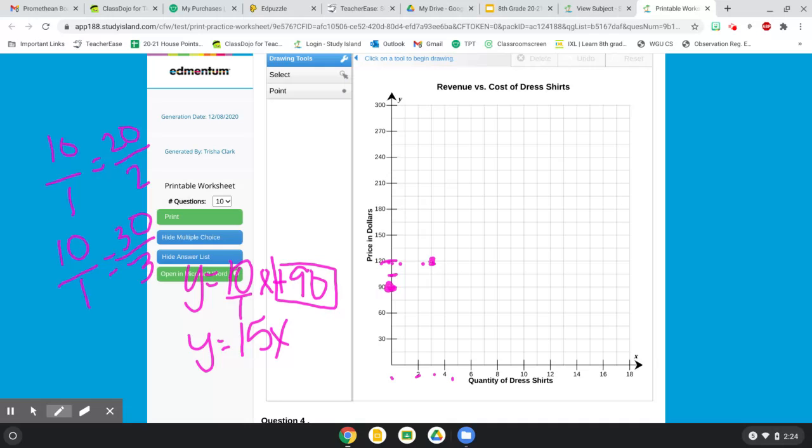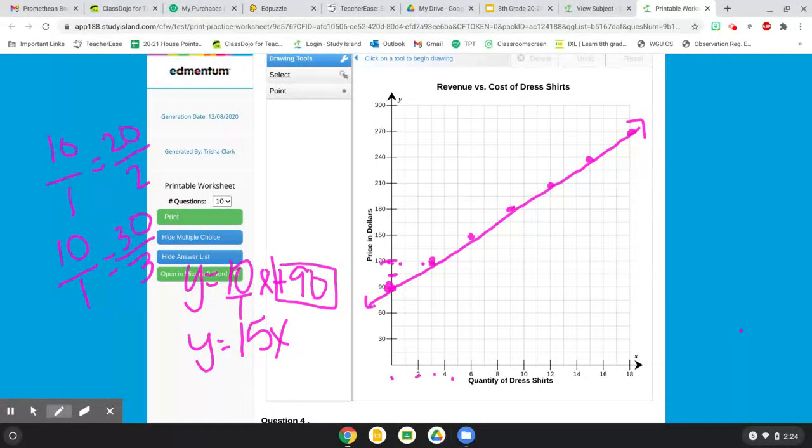Up by 30 over 3, which is really just 2 spots on my grid, and then to the right 3. I repeat that across the graph. Then I can connect those as best I can and make that line.